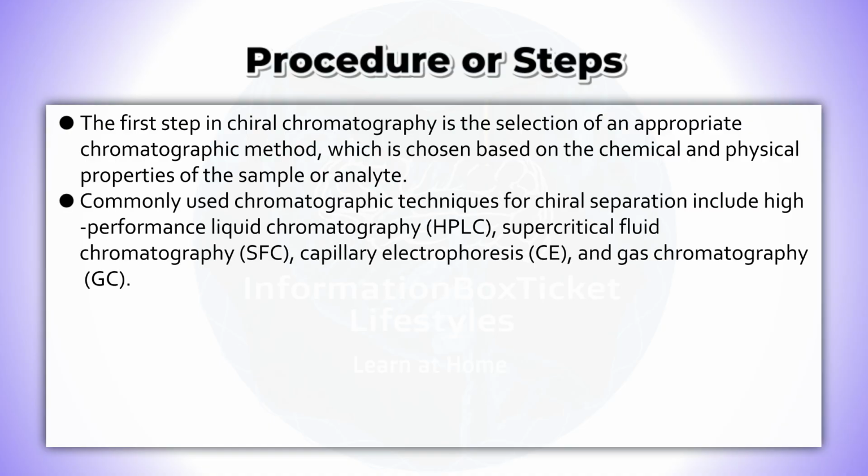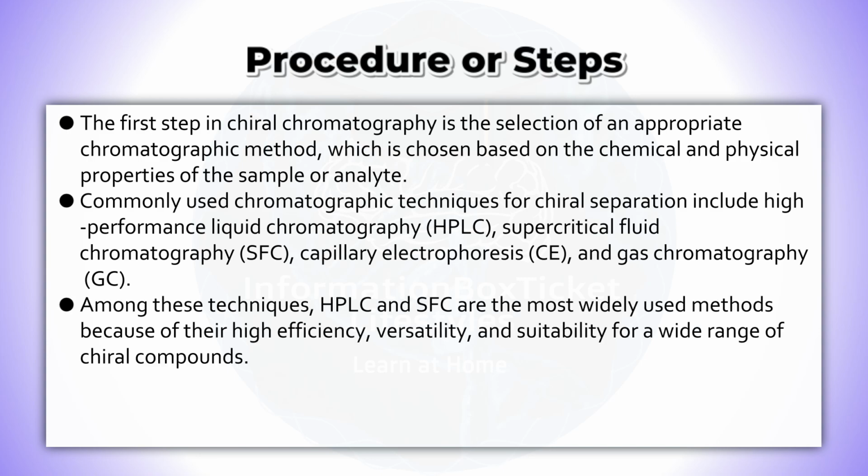Commonly used chromatographic techniques for chiral separation include high-performance liquid chromatography, HPLC, supercritical fluid chromatography, SFC, capillary electrophoresis, CE, and gas chromatography, GC. Among these techniques, HPLC and SFC are the most widely used methods because of their high efficiency, versatility, and suitability for a wide range of chiral compounds.